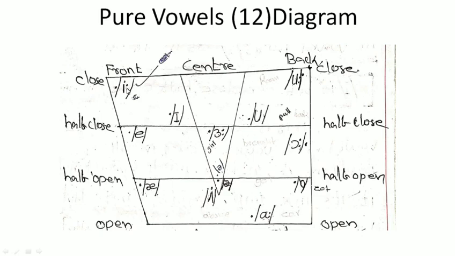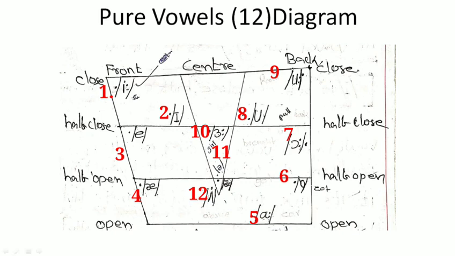See this diagram, how these pure vowels are structured in the vowel chart or vowel diagram. You have to give a dot here, then put these vowels in two slashes.